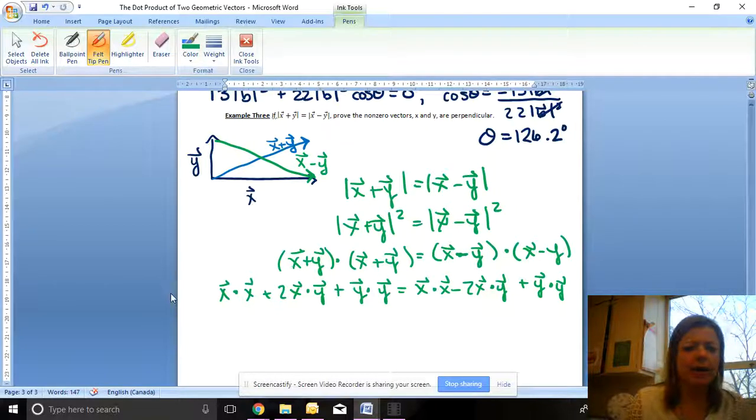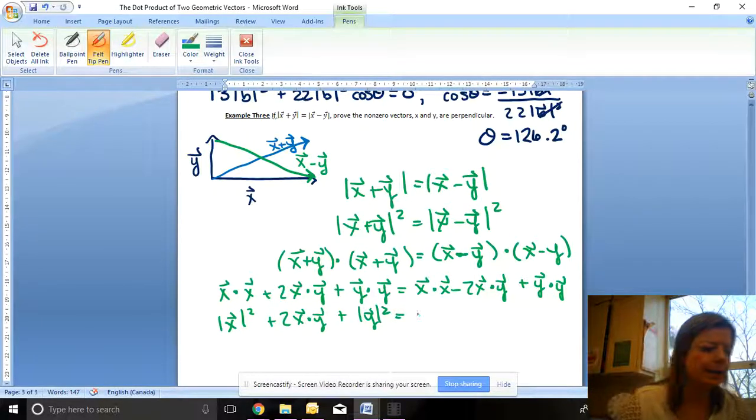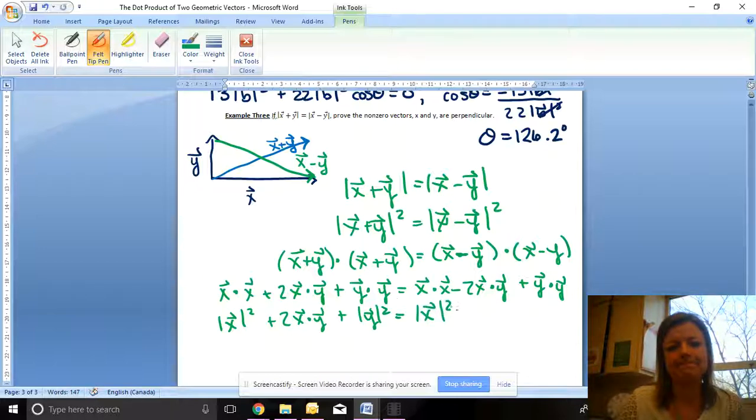Now this can be written as the magnitude of x squared plus 2x dot y plus the magnitude of y squared, equals, again, the magnitude of x squared minus 2x dot y plus the magnitude of y squared.